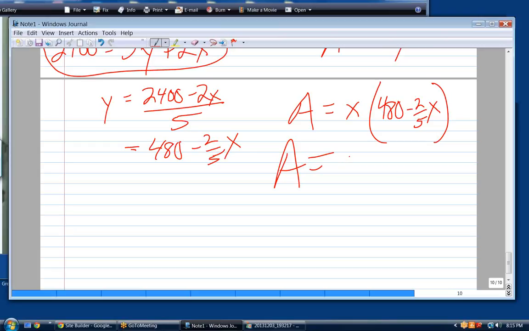The area is 480X minus 2/5 X squared. Okay. Alright, let's graph this. I think the key on choosing the window to graph these is looking at this number right here. You probably want to make your Y coordinate go up to that range, I would think.